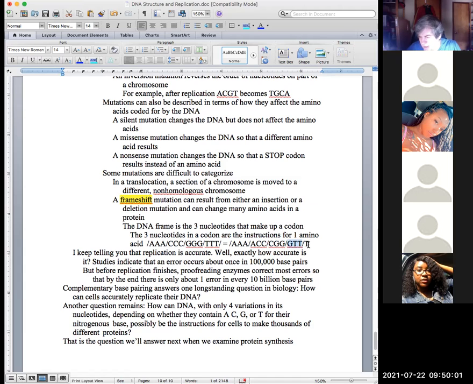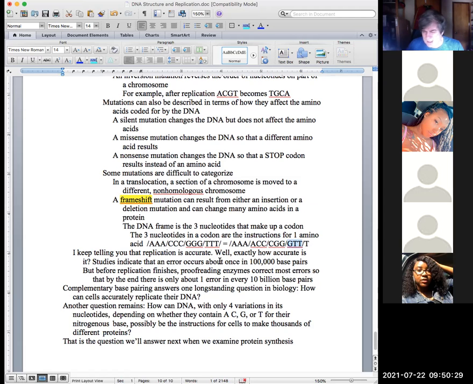And then that T that was on the TTT is on the next one. So notice we could potentially change a lot of amino acids. So for some of these mutations, like frame shift mutations, we hardly ever get a protein that works. So if this protein is crucial for how your cells function, a mutation like this could be fatal.